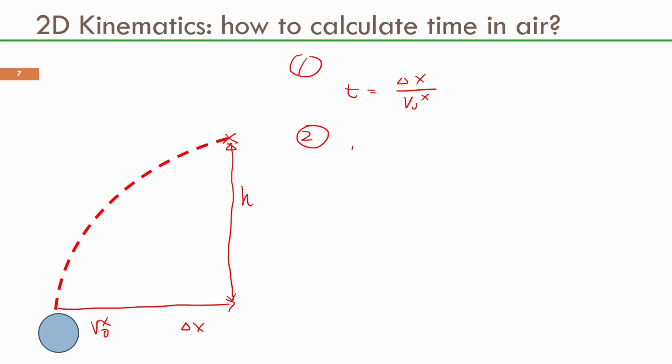So we know the time equals root of 2h over g. This is when you know the vertical height. And this time is the time from the launching point to the peak. And the third method involves the initial vertical velocity. So if this is your launching velocity v0, we know the initial vertical velocity is v0 times sine theta.